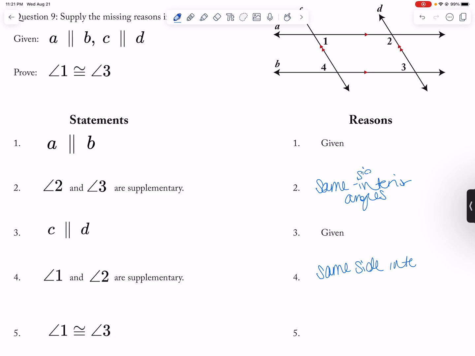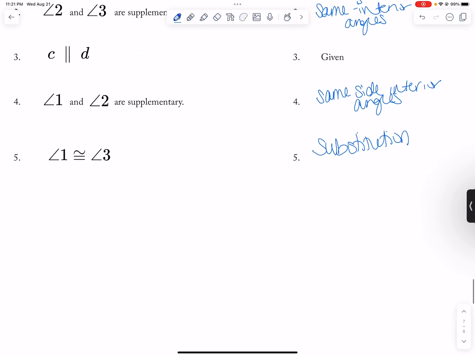I forgot the word side. And then 1 is congruent to 3 by substitution. You always have to think about substitution as plugging in. Okay, so it is different than the transitive property. All right, so that's it for this problem set.